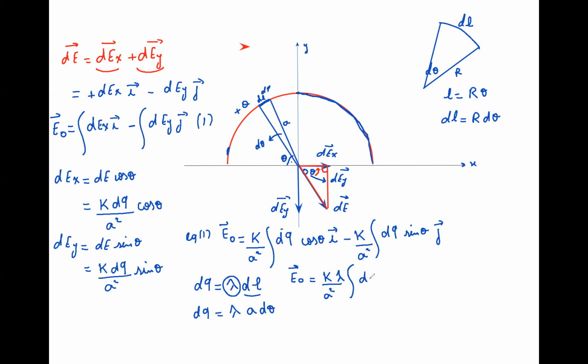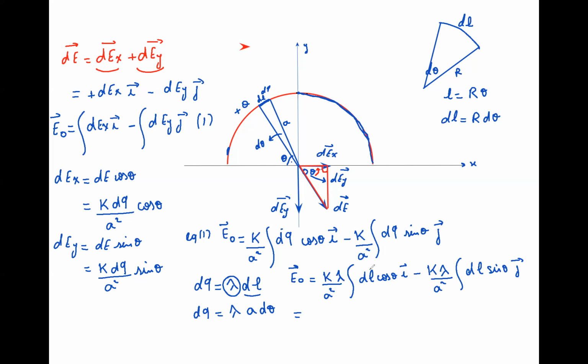Inside you have dl cosine theta i minus k lambda over a square, also we have dl sine theta j.